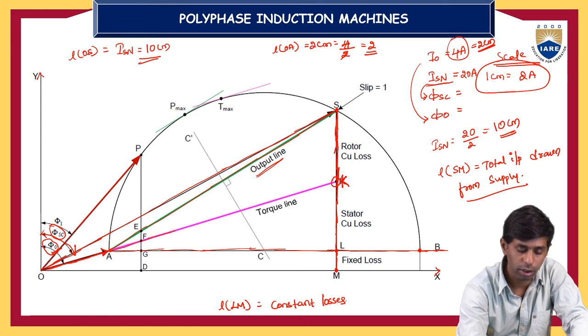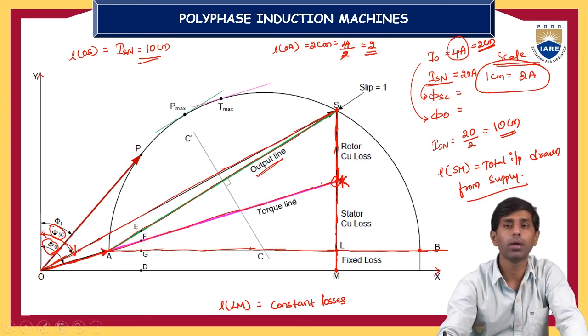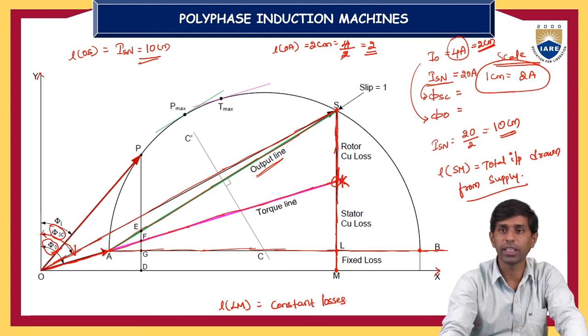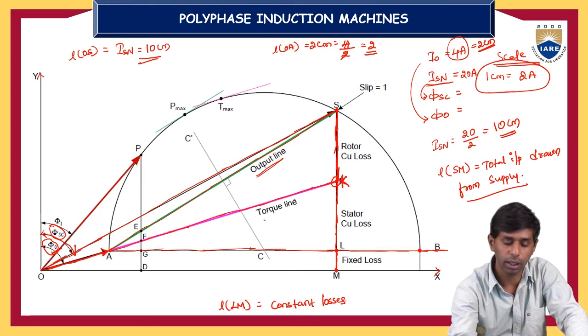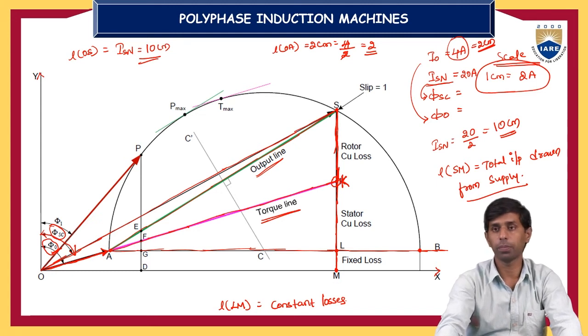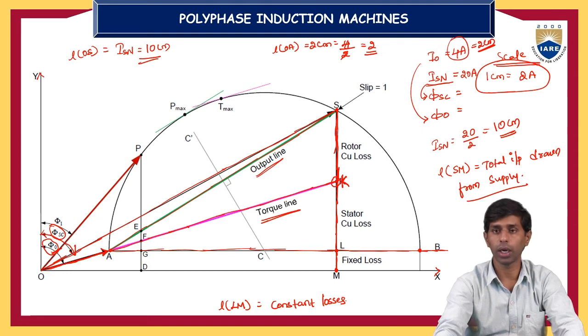You have to simply join irrespective of the angle, just a straight line between point A and point K, that represents the torque line. AK represents the torque line and AS represents the output line.